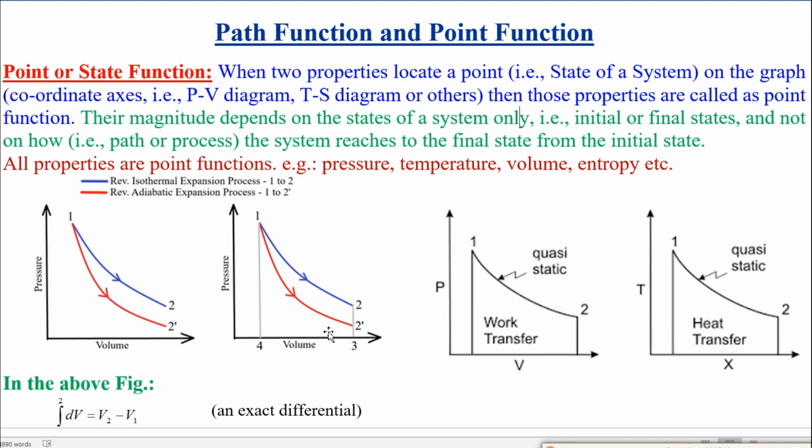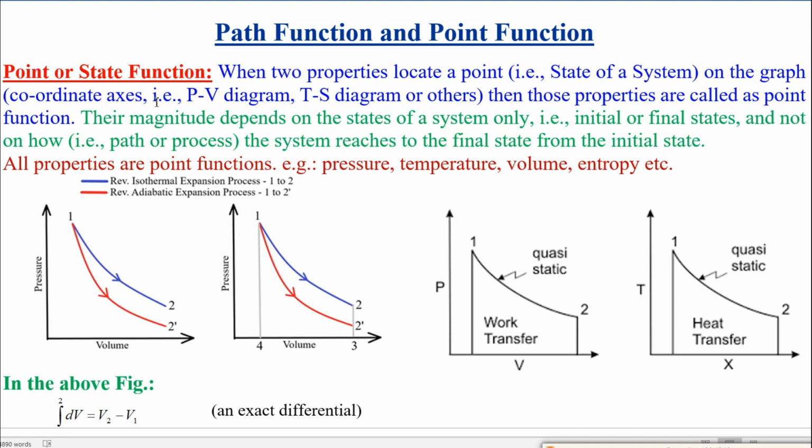So the property, that is work transfer, depends on this area, and this area depends upon the path. So this area in the PV diagram representing work transfer, this work transfer is called a path function.